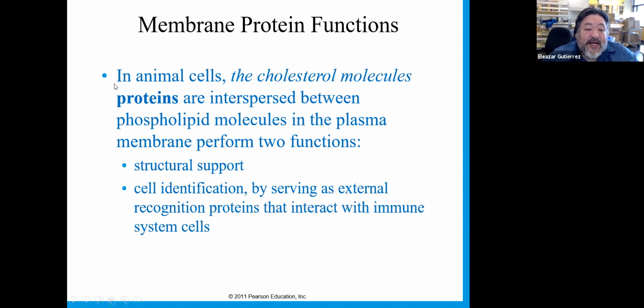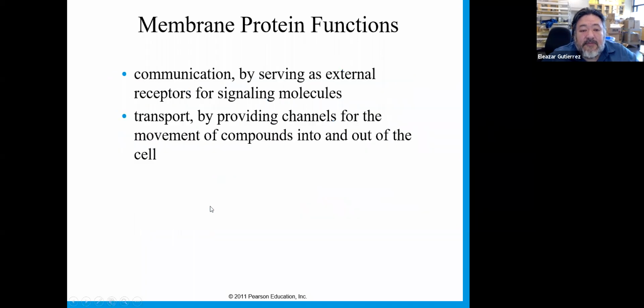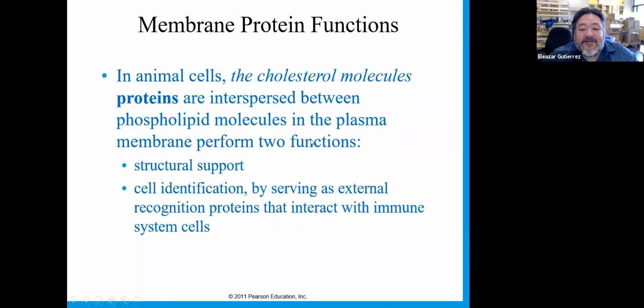Anyways, the point is, in animal cells, proteins are interspersed between the phospholipid molecules in the plasma membrane, and they perform 4 functions, not 2. So there are 2 things wrong with this slide. They perform structural support, which we just covered.